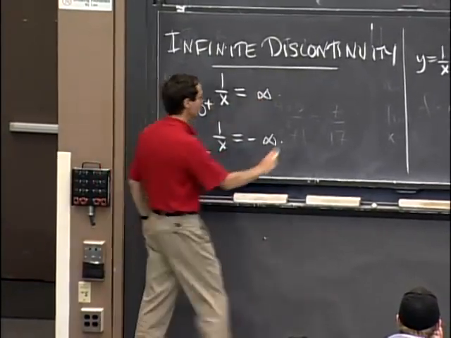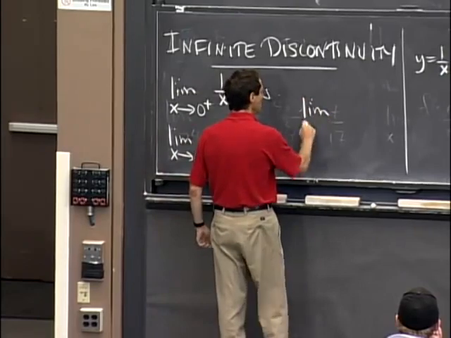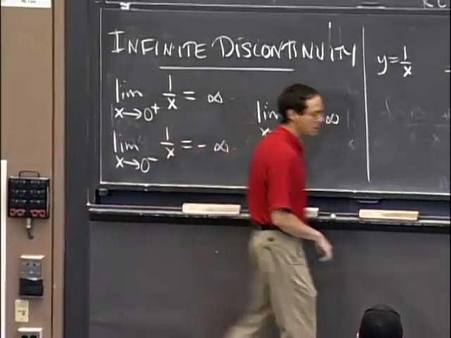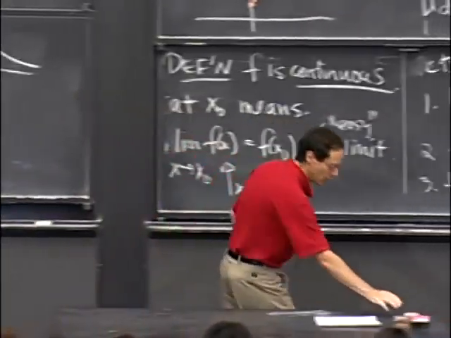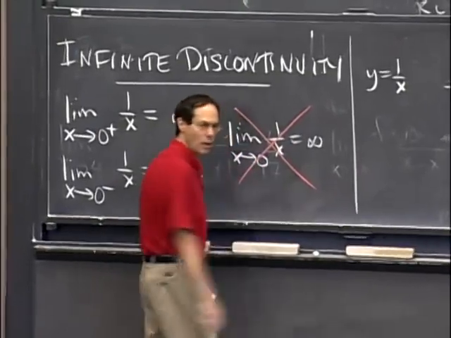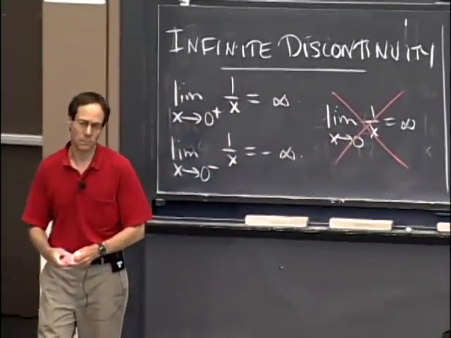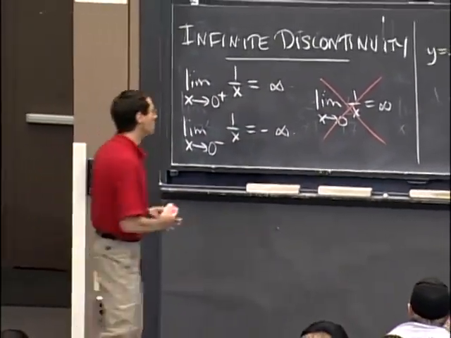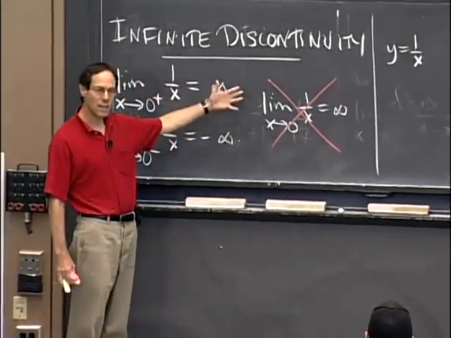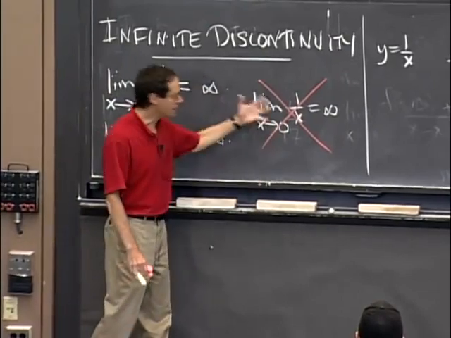On the other hand, the statement that the limit as x goes to 0 of 1 over x is infinity is simply wrong. Okay? It's not that people don't write this. I mean, in fact, you'll probably see it. And it's because people are just thinking of the right-hand branch. It's not that they're making a mistake necessarily, but anyway, it's sloppy.